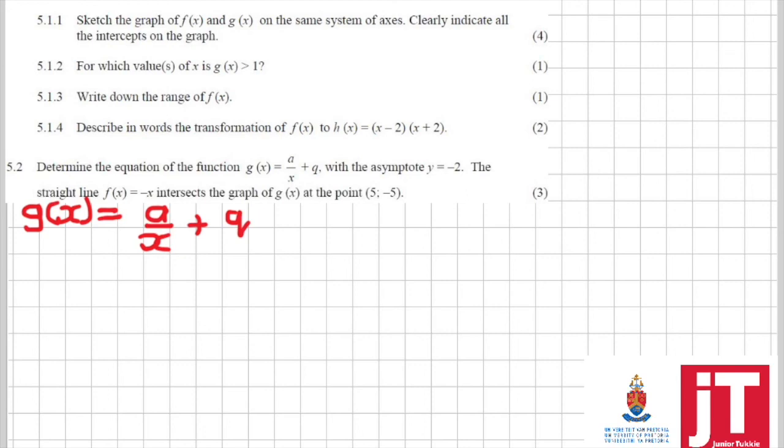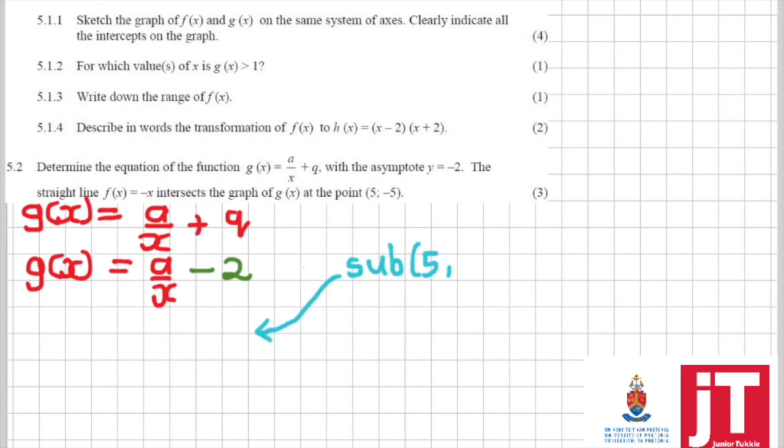Starting point, we've already written the general equation of g of x. We then start with our q value, which is minus 2. So we write g of x equals a over x minus 2. Thereafter, we substitute the point (5, negative 5) into the same equation. If we do it correctly, we get negative 5 equals a over 5 minus 2.